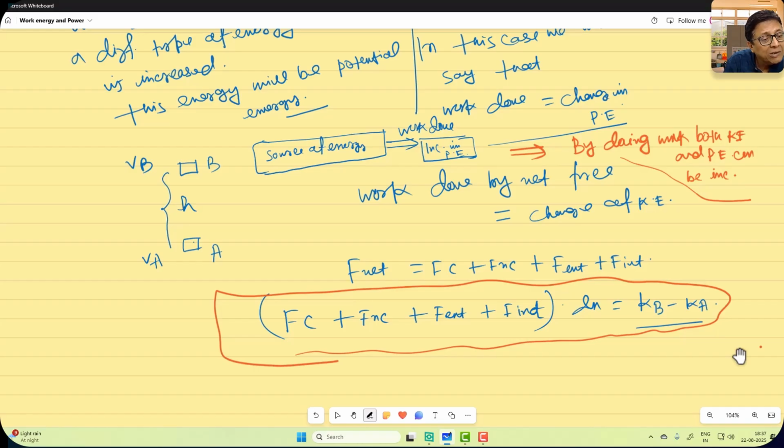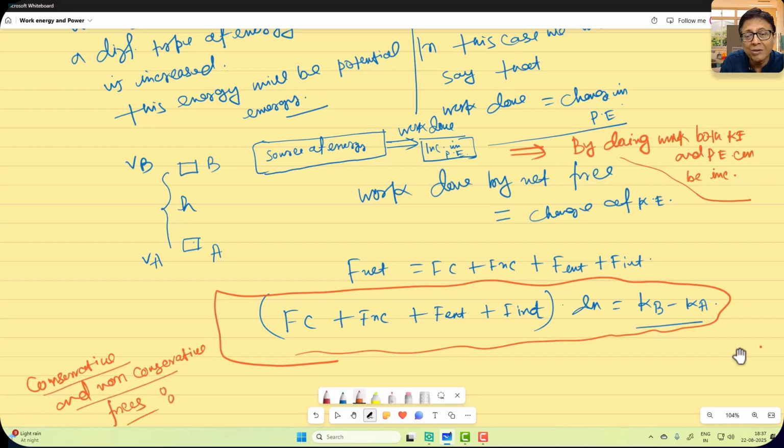We will work on it after introducing the concept of conservative and non-conservative forces.